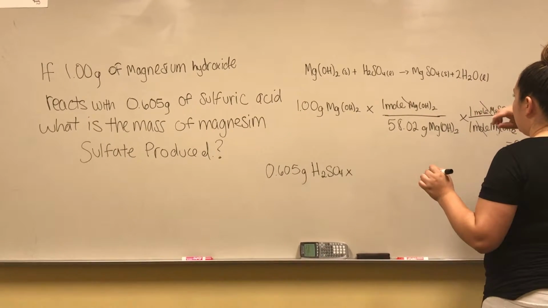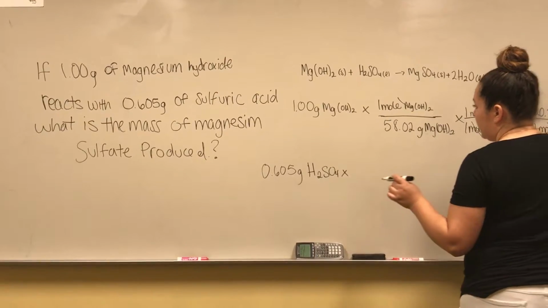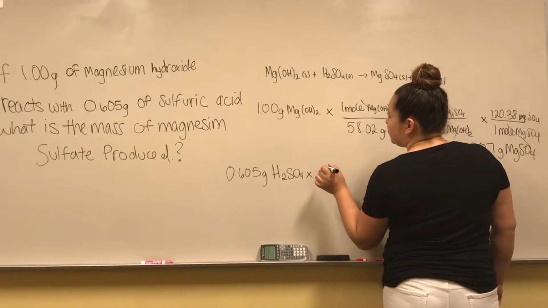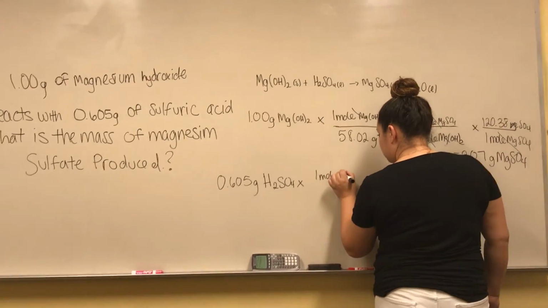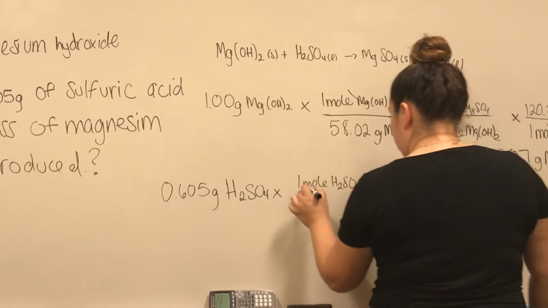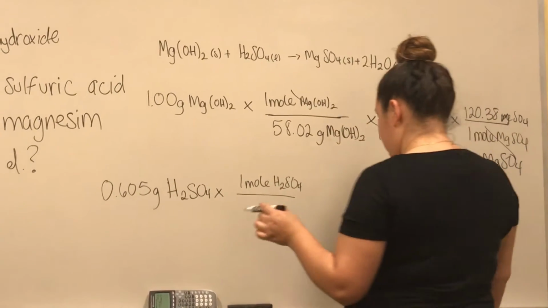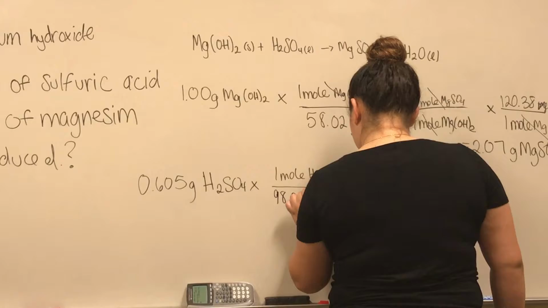Now you would do 1 mole of H2SO4 over the total molar mass of H2SO4, which is 98.02 grams of H2SO4.